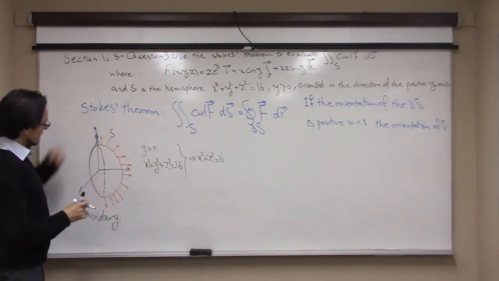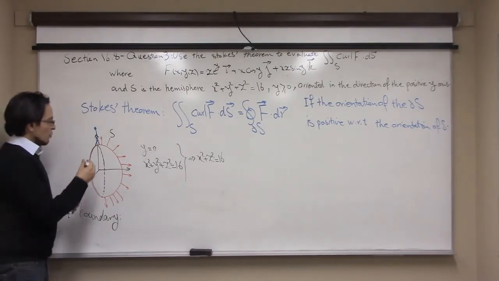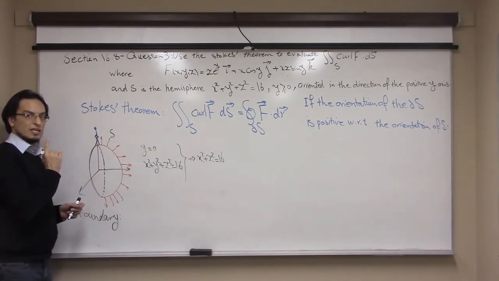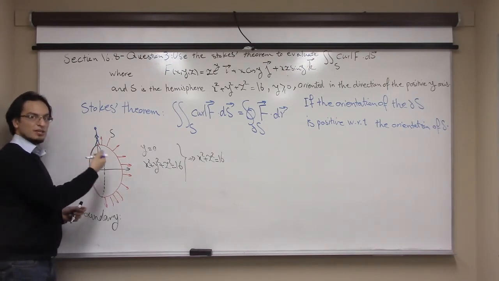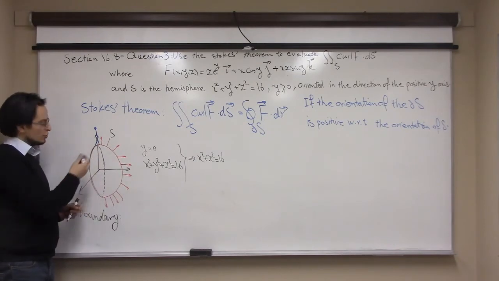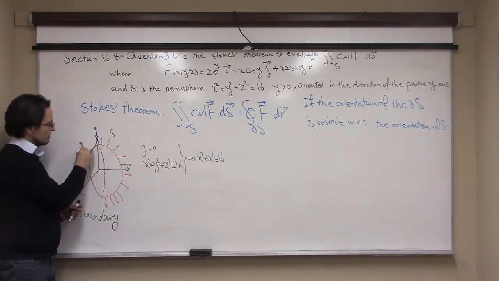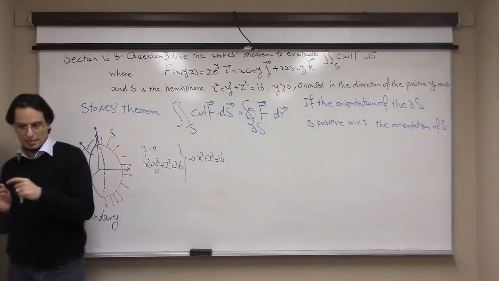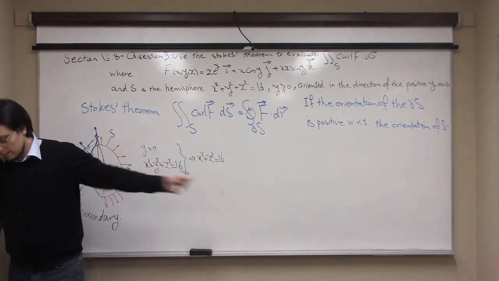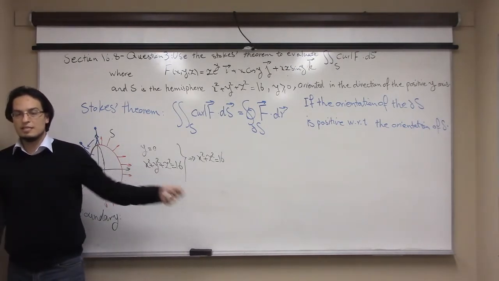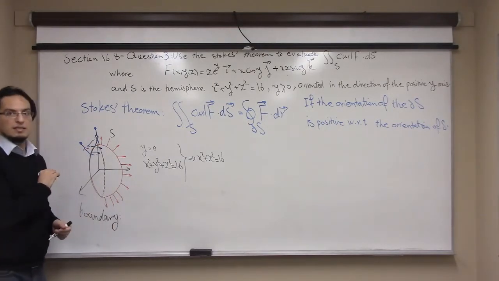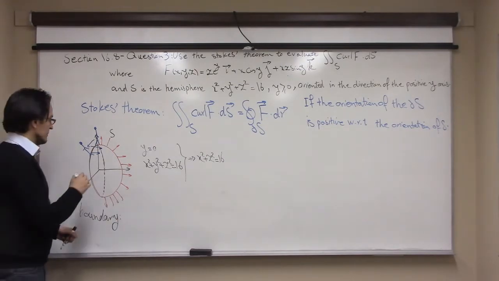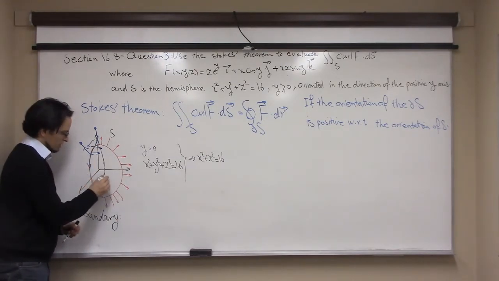Then when you move in that orientation, the surface stays on your left. So if I go from this to that, as you can see, and I go down, the hemisphere stays on my left. It is in this person's left hand side. That means this is the right direction. So this is the positive direction.